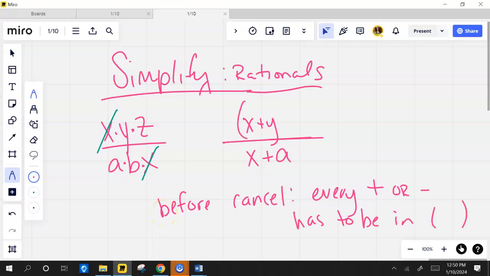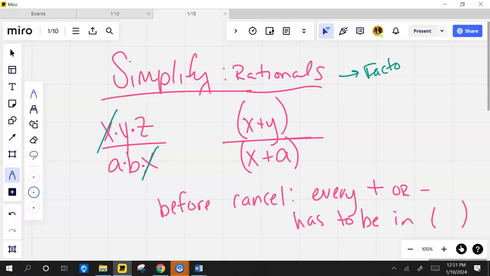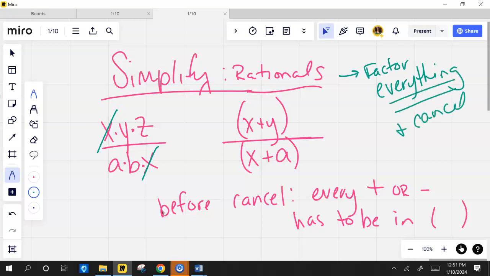And what I mean is, you would have to put parentheses around this and around this, and then you can only cancel out whole pieces. Okay? We can't cancel out individual pieces of those. So as we simplify, what we're going to do is factor everything we can and cancel what we can.